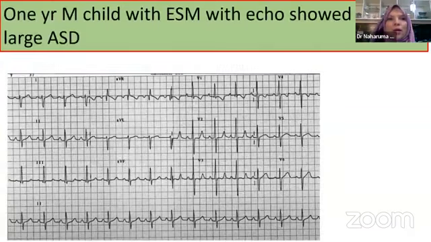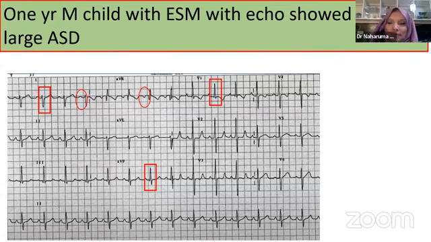And this is a 1-year male child with ejection systolic murmur. Here also echo showed a large ASD. Here the axis: lead 1 is negative and aVF is positive, so this is right axis. If we see the P wave and P axis, it is normal, positive in lead 1 and negative in aVR, and we get a monophasic V1.